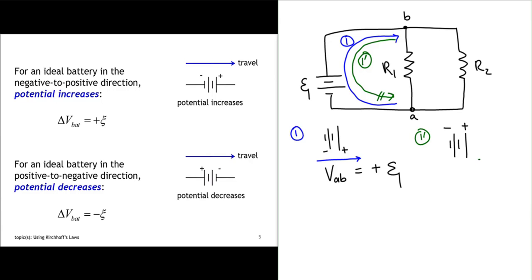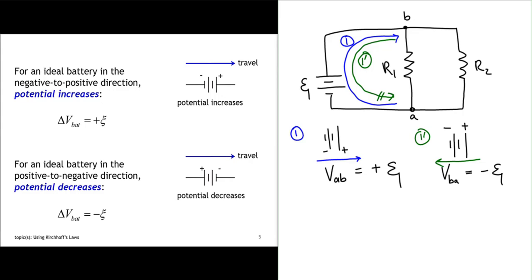But if we choose to analyze going from positive to negative, that would be the potential difference from B to A. We're going from high potential to lower potential. So that means that the potential difference from B to A is equal to minus the EMF of the battery.